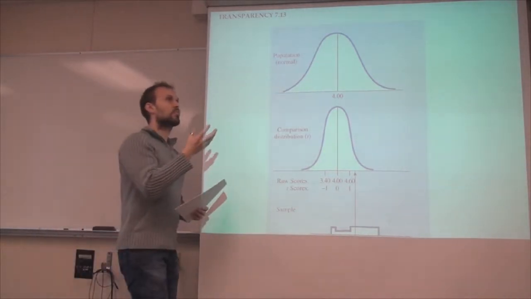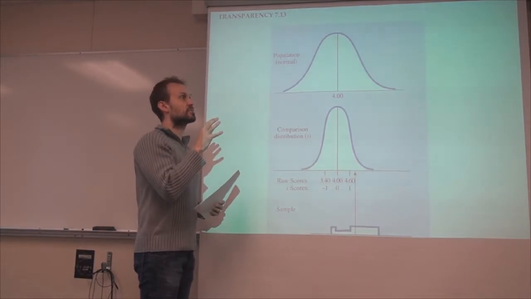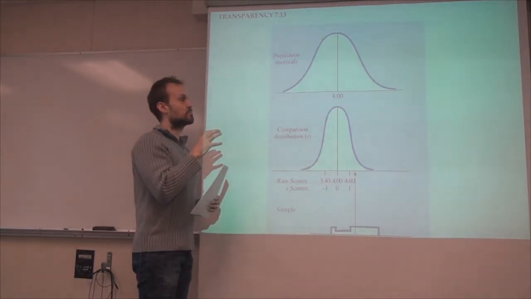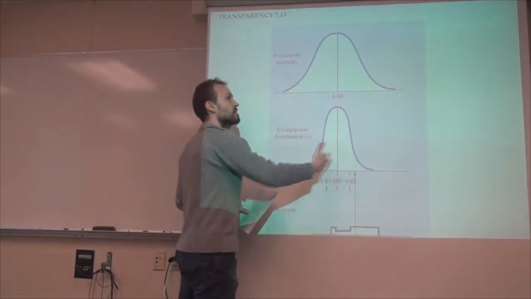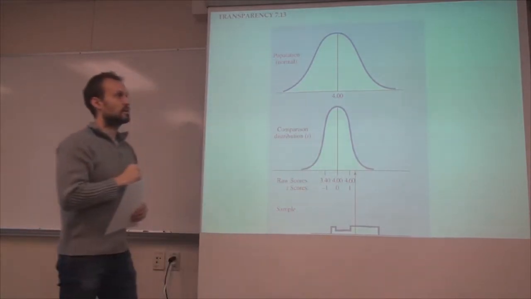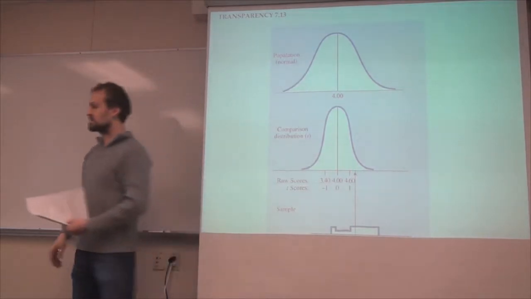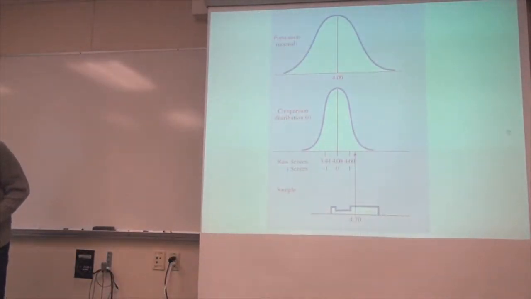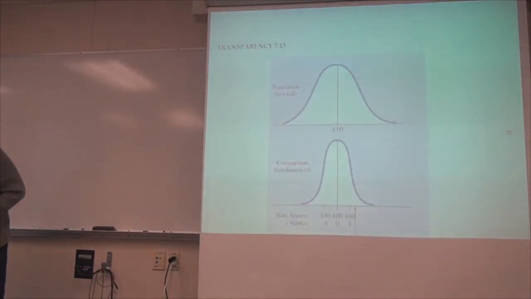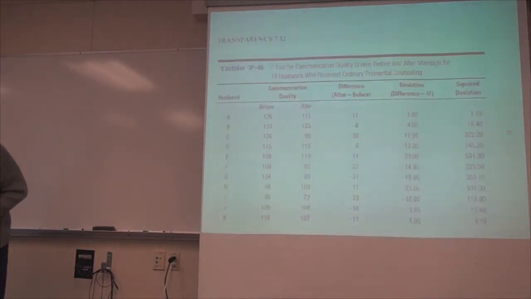So I need to see how the average difference for a sample of 19 people compares against all possible sample means that I could get. And then I look at my specific sample and see where that sits. Those numbers might not be correct, I just want the picture.